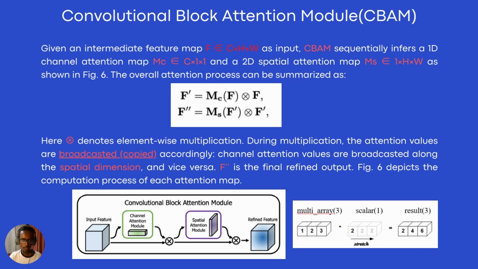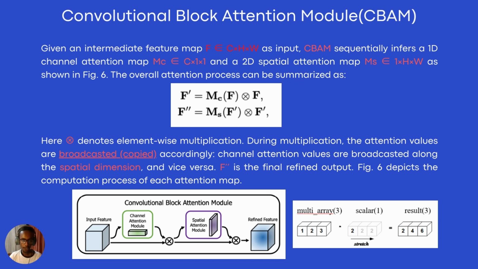Mathematically, we can express this by using the input feature map. First, it's going to be passed under MC, which is channel attention. Then we perform multiplication with the input feature map F, and here the X denotes element-wise multiplication.